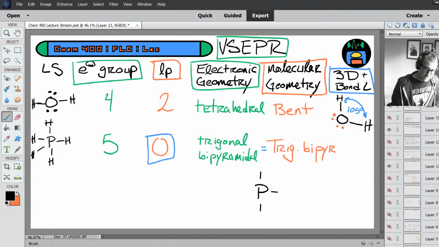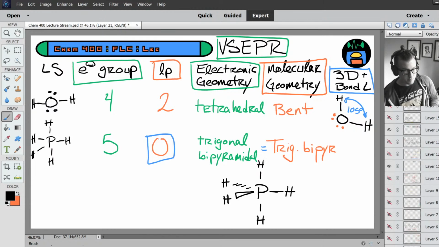On the opposite side from the horizontal one, you will have a wedge coming out at you and a dash going back behind you. All right, now let's put our H's on. So this is the 3-dimensional representation of the trigonal bipyramid.